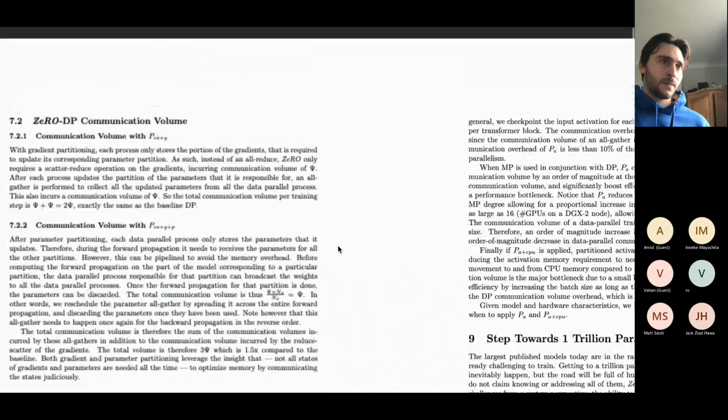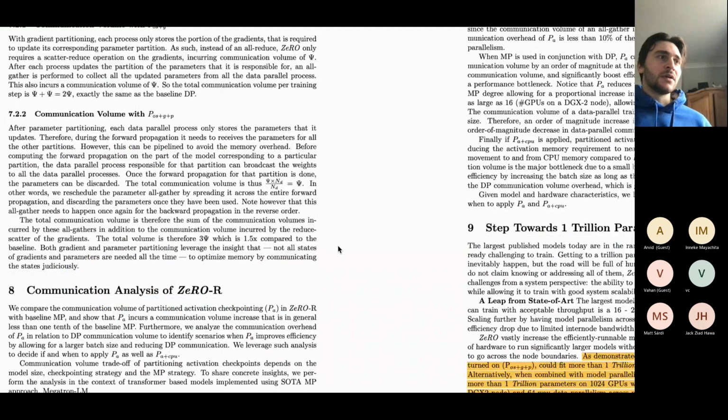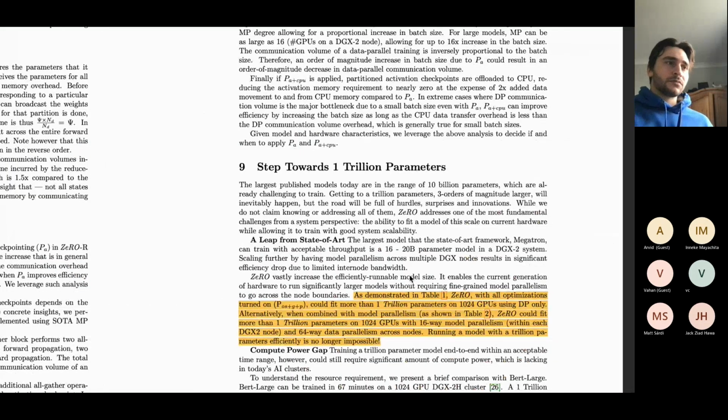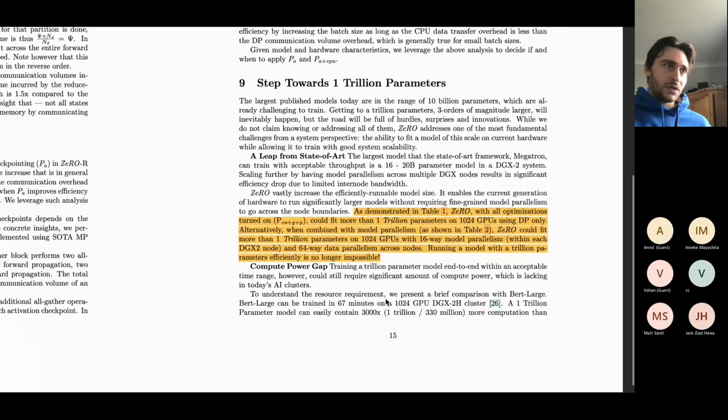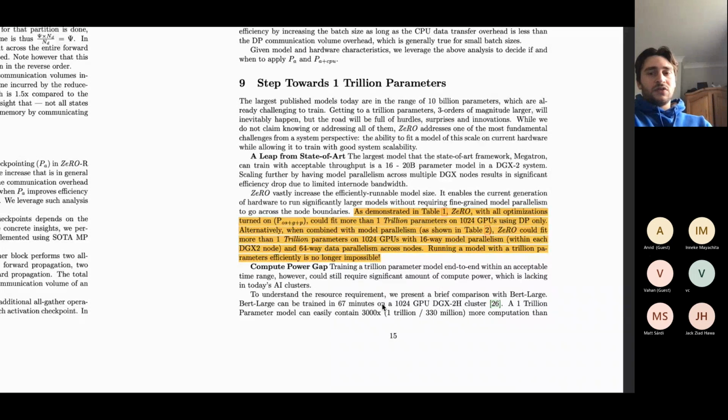Where is it? Okay, yeah, this is a compute gap. They point out, the paper itself is talking about how cool it would be to train a trillion parameter model.